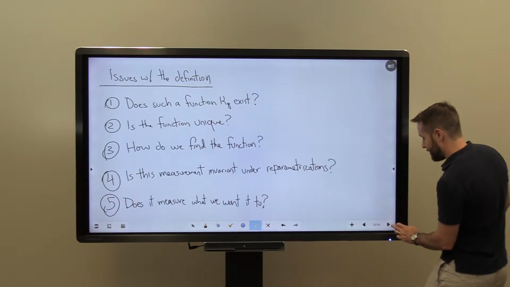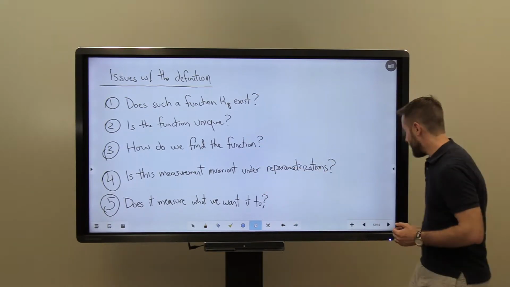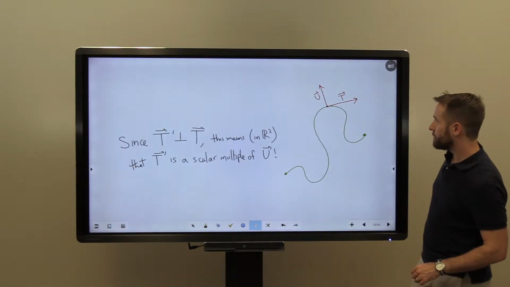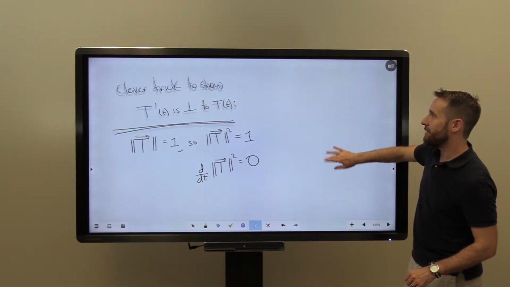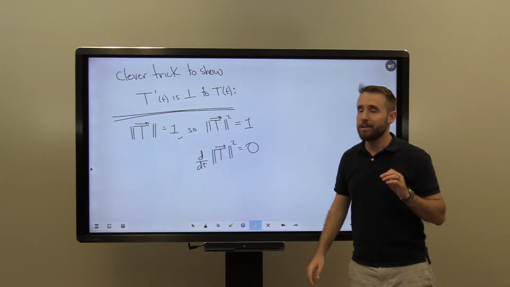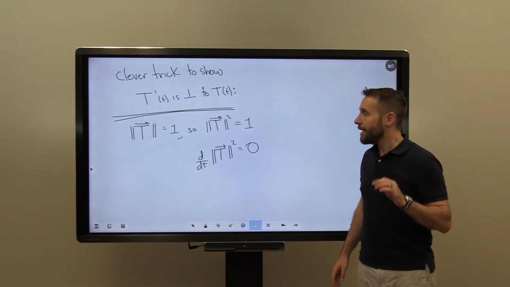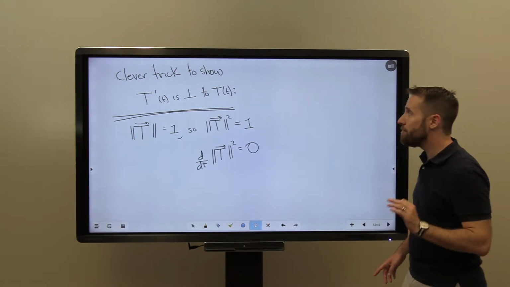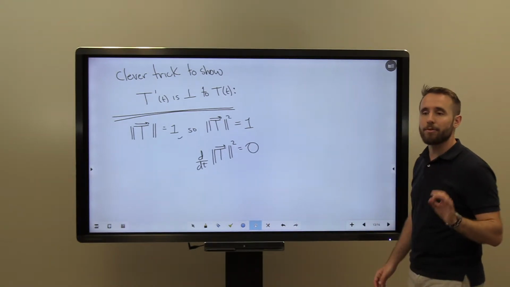So let's take a look at this. In order to begin answering these first two questions about existence and uniqueness, it is totally worthwhile to make sure that, in fact, t prime points in the same direction as u.